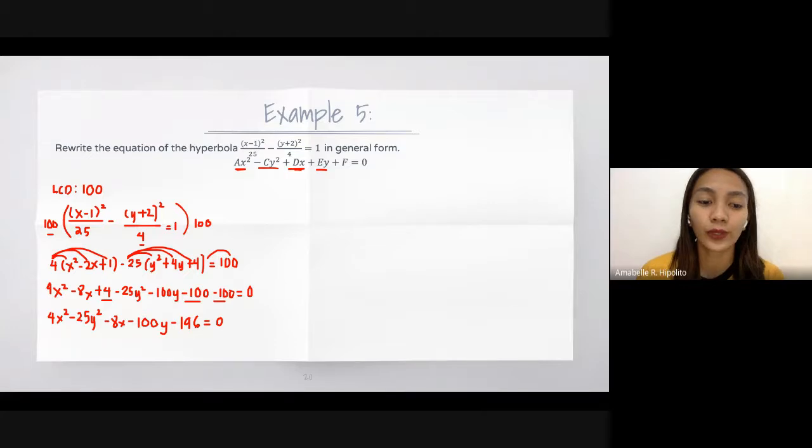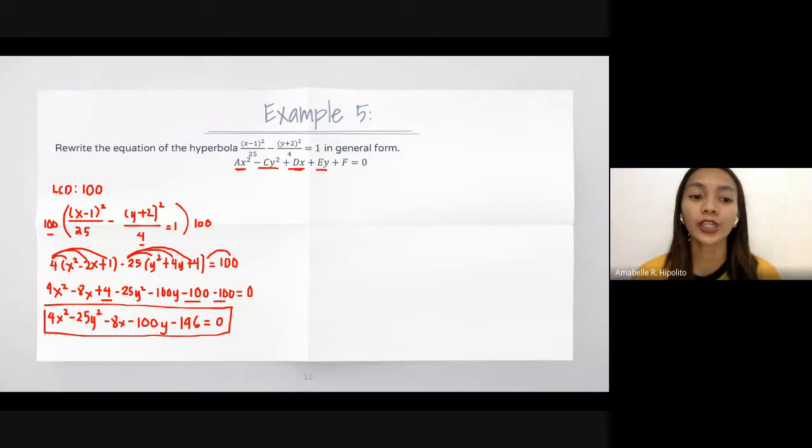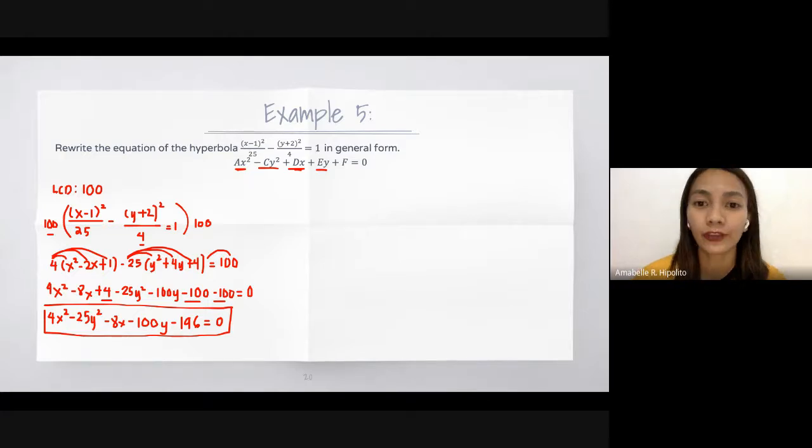So this one is the final answer. Therefore, the general form of the equation is 4x squared minus 25y squared minus 8x minus 100y minus 196 is equal to 0. That is for method A or method 1.